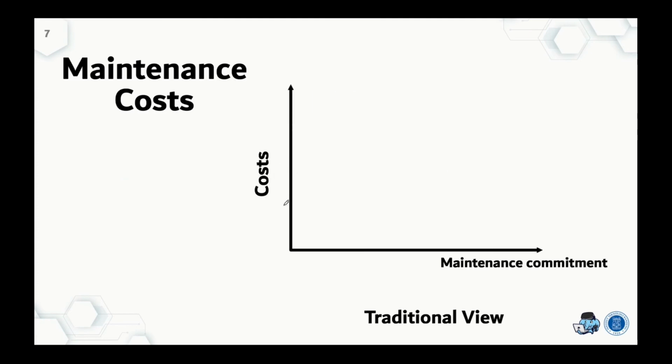So when we plot the maintenance cost, with the x-axis as maintenance commitment and the y-axis as cost, this is the traditional view. So we got that when the maintenance commitment is higher, the preventive maintenance cost will also increase linearly.